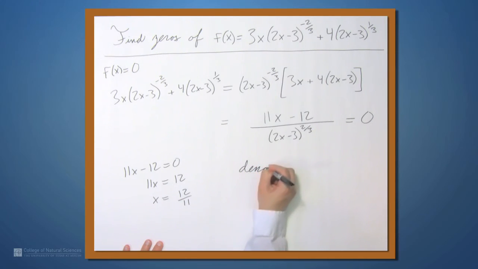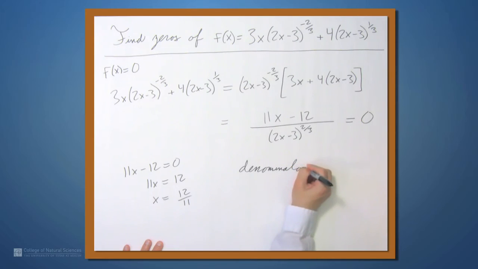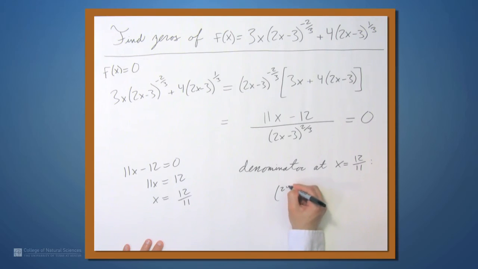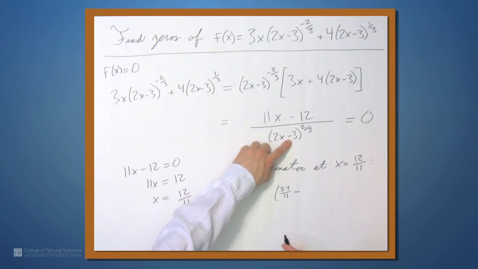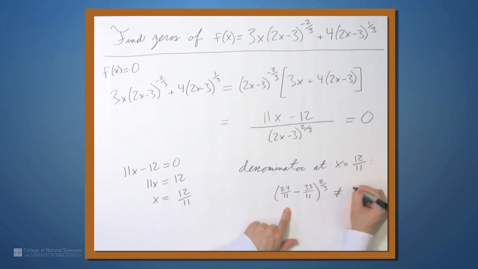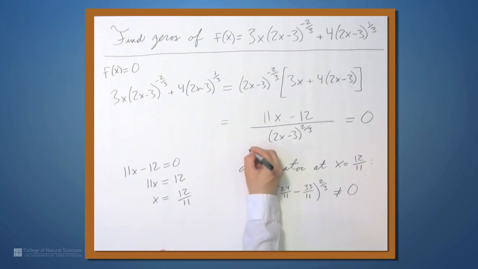Denominator at x = 12/11 is 2 times 12/11, so that's 24/11 minus 3, but let's put everything over a common denominator, so this is minus 33/11, to the 2/3. This quantity inside here is not 0, so raising it to the 2/3 power is also not 0. So the denominator is not 0 also.